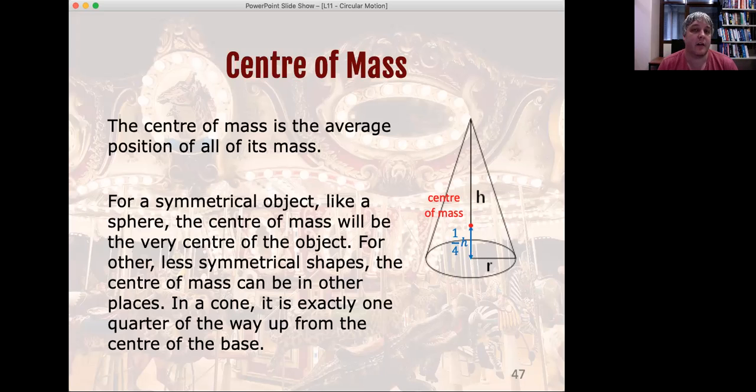In a sphere, it's going to be the very center of the object. In a cone like this, if that's a solid cone, then the center of mass would be right in the very center line, the axis, so right below that point, but only a quarter of h up from the base. That is where the center of mass would be for a cone. So it's the exact average position of all the mass in the object.